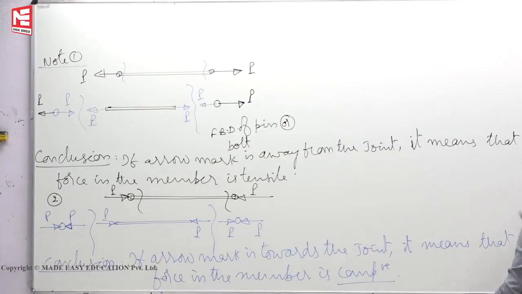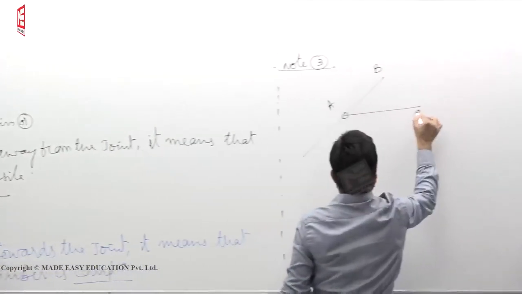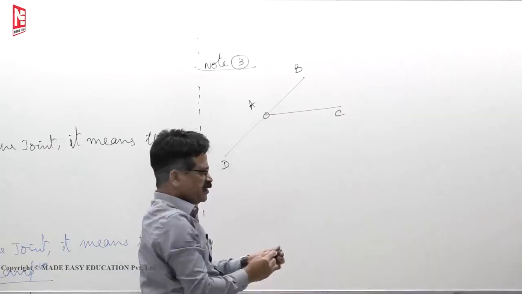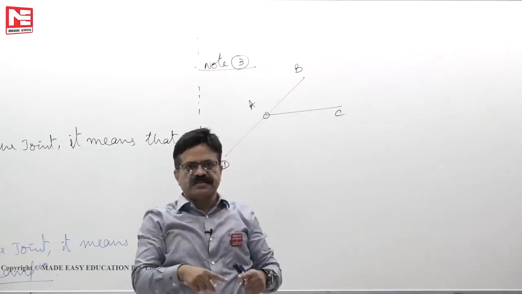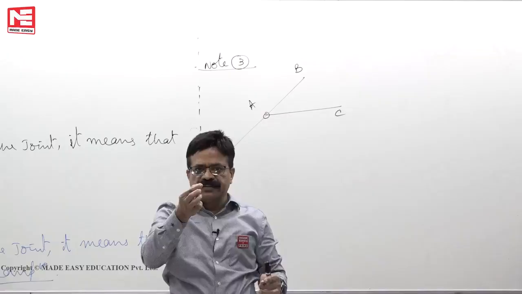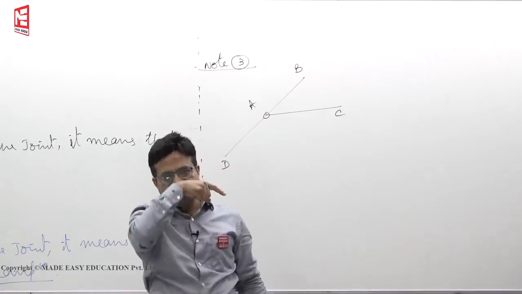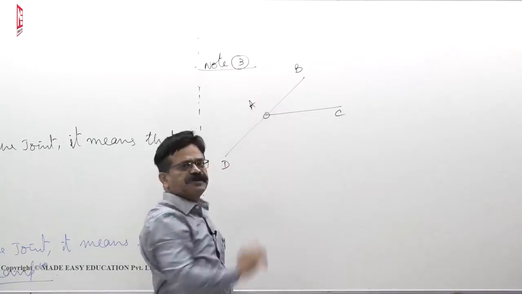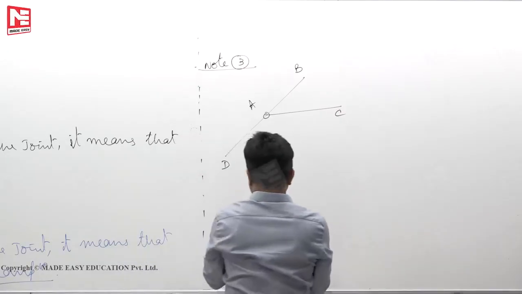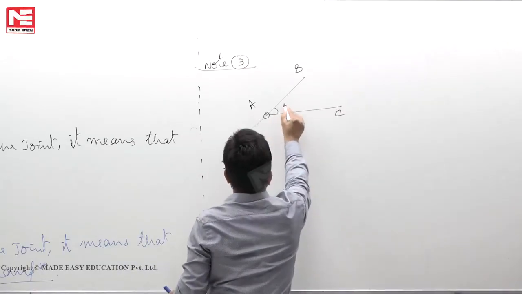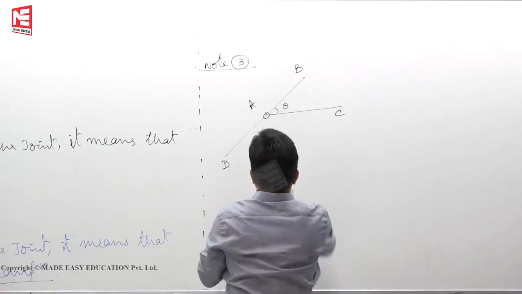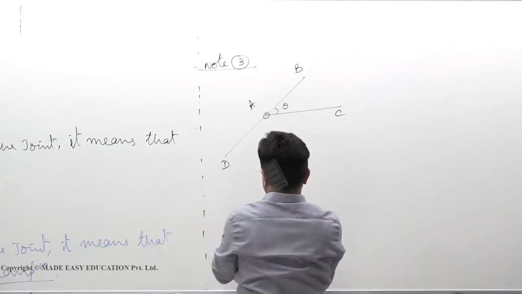Then the third point is this one. Assume that at a joint, three members are meeting. That means in a big truss, we have taken a joint, you pluck it out inclusive of the members, and those three members happen to be like this, say. No external load here, only three members are acting, configured this way.